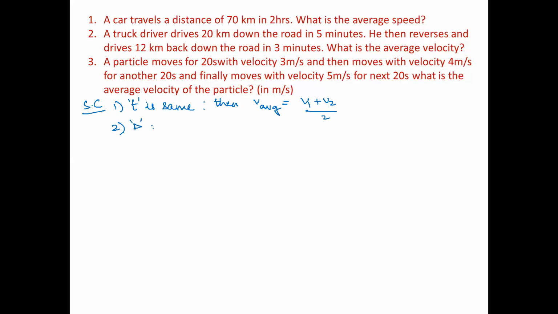Next point, if the distance is same, then average velocity is 2v1 v2 by v1 plus v2. This is the formula. If the time interval is same, then average speed is s1 plus s2 by 2. That's all.